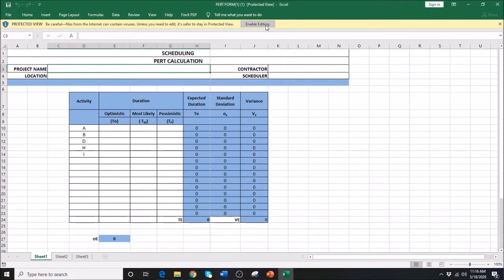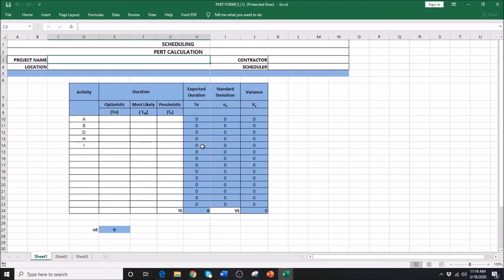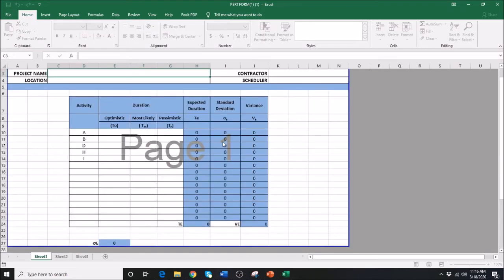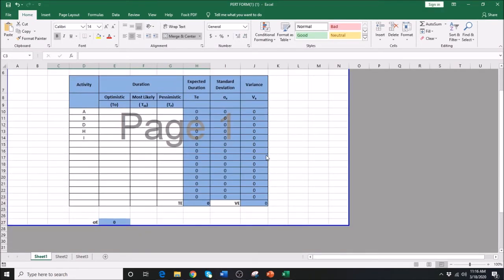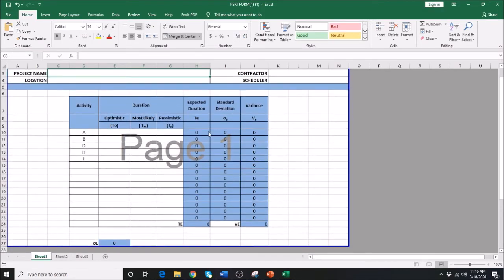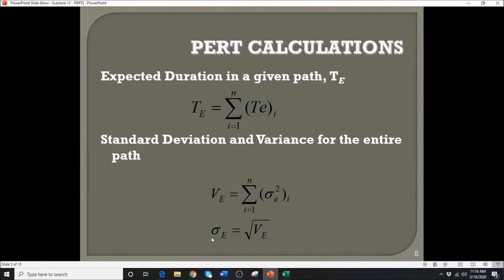In this case we already have set up formulas, but one thing I want you to take note of is don't mess up this shaded area, because we already have predetermined formulas in each of them. All right, let me go back to my lecture here.